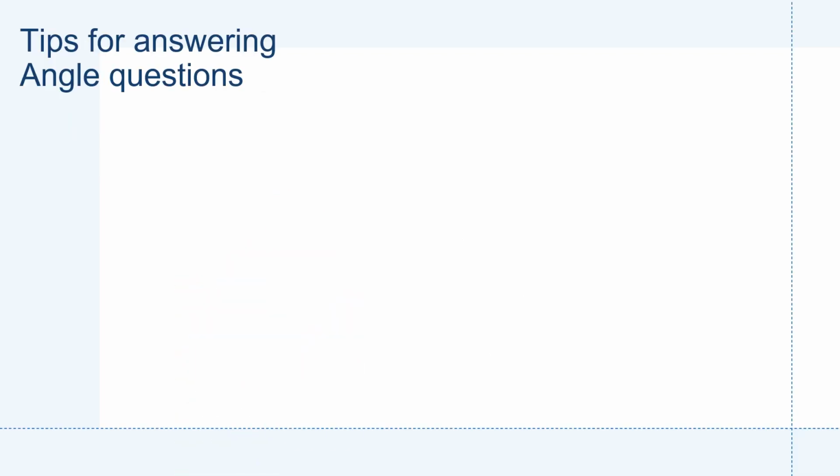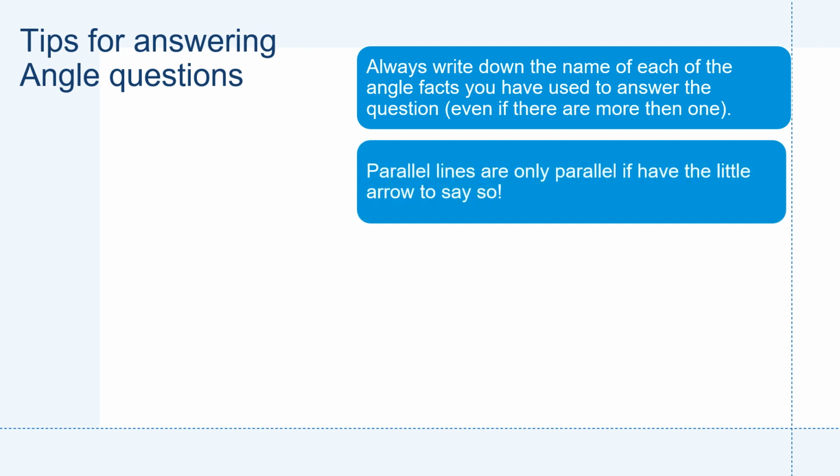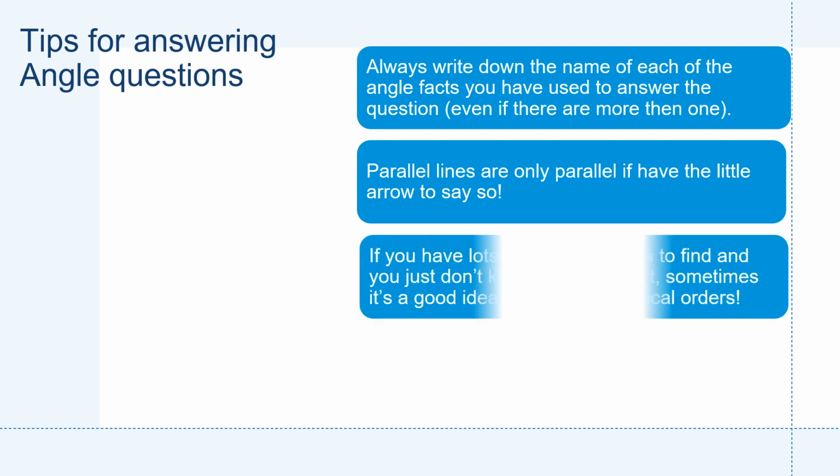Now there are some tips for you to answer these angle questions. Number 1, always write down the name of each angle fact you have used to answer the questions. If you're not going to write it down, you won't get marks. Second, parallel lines are only parallel lines if you have those little arrows to say so. If they're not available, it means they are not parallel lines.